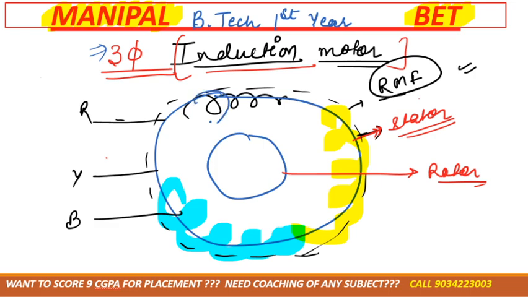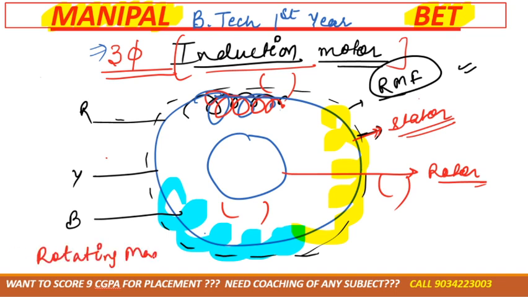There is a current in the R wire first, then the yellow wire, then the blue wire. If there is a current, then in that case there is a magnetic field here, yes or no? So first a magnetic field here, then here, then here. Basically, there is a rotating magnetic field.